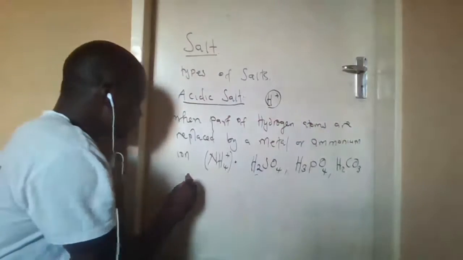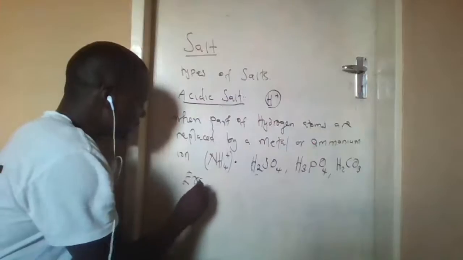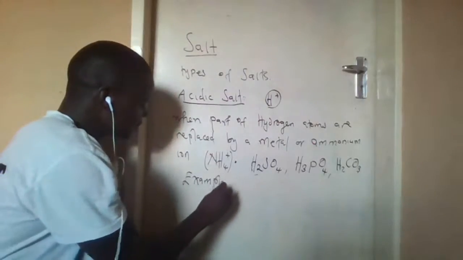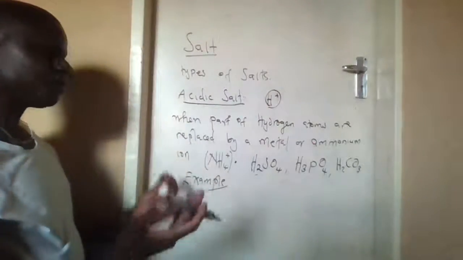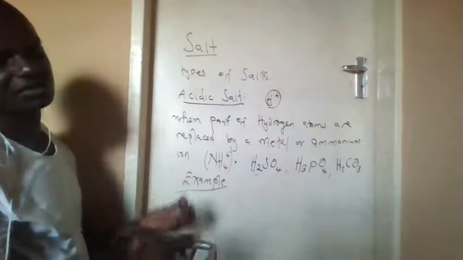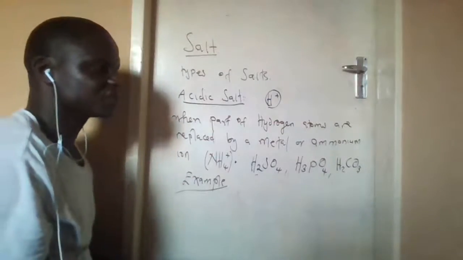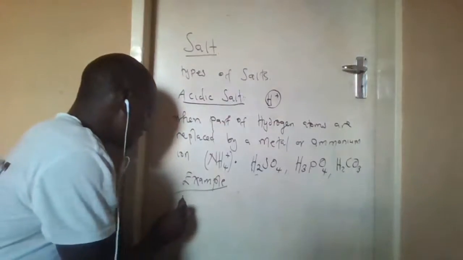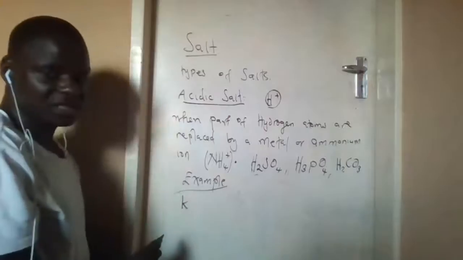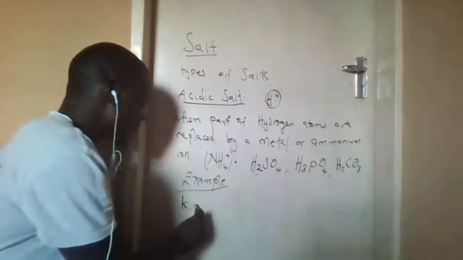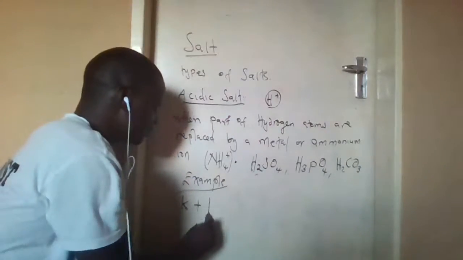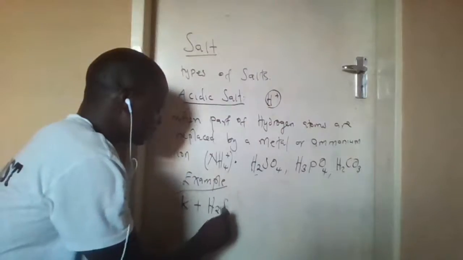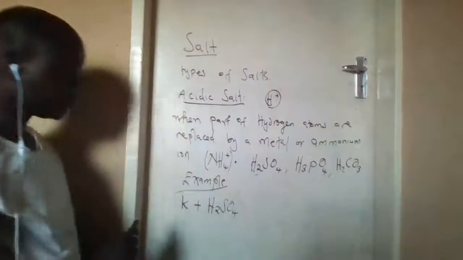So how can we show the formation of these acidic salts? Take any metal which has a valence of 1. We've got lithium, sodium, potassium. I can use potassium this time around instead of sodium. Potassium, K, plus the acid I'm going to use, sulfuric acid, H2SO4.